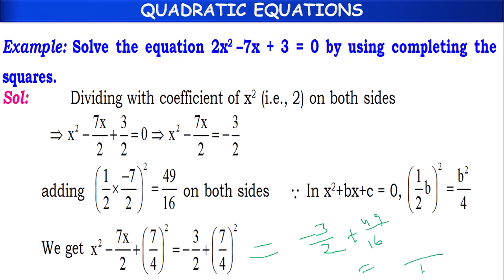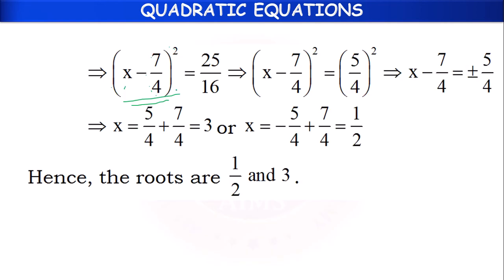The LCM is 16: 2 times 8 is 16, 3 times 8 is 24, plus 49, which is equal to 25 by 16. So x minus 7 by 4 whole square equals 25 by 16, which means 5 by 4 whole square.